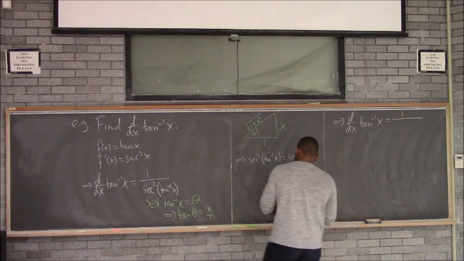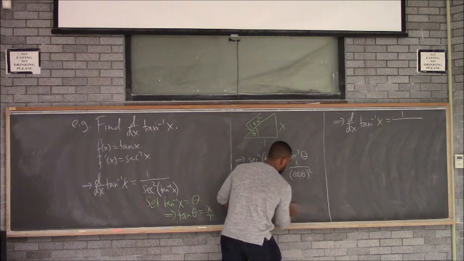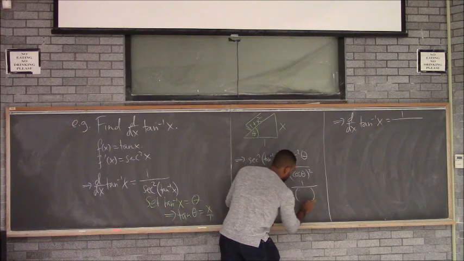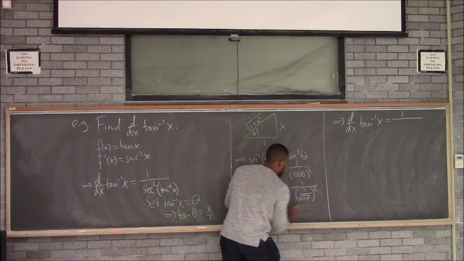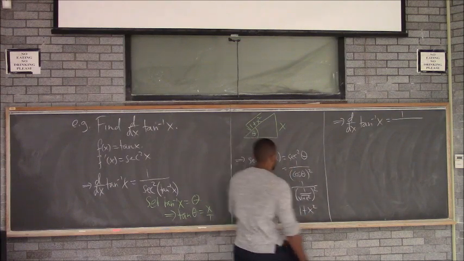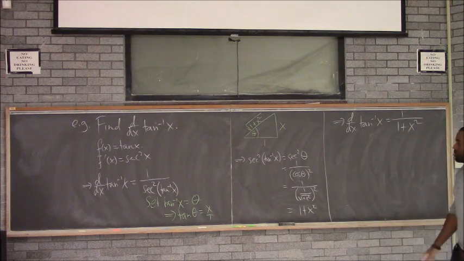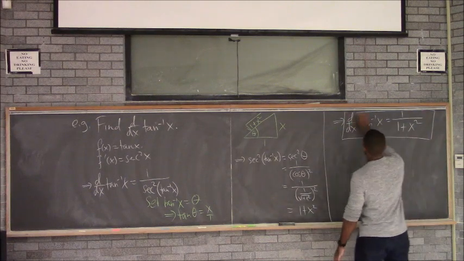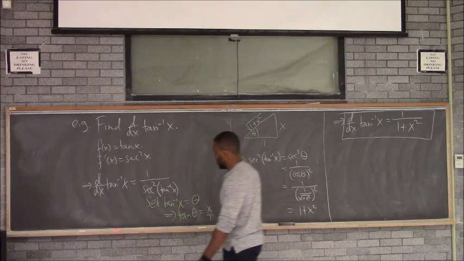Oh, yeah, I missed the 1 over. So that's 1 plus x squared, and that is 1 plus x squared. That's the derivative of the inverse tangent.